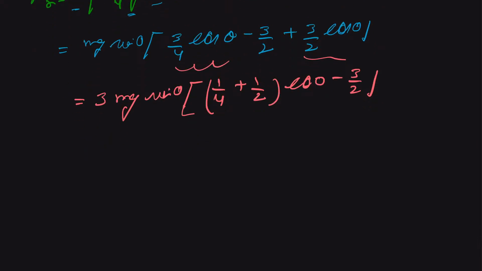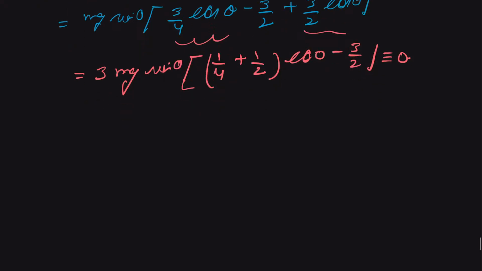Because we are going to equate nx equal to 0, if this term is equal to 0, then obviously 3 mg cannot be equal to 0, so either sine of theta is 0 or this second term is 0. If sine of theta is equal to 0, then theta is equal to 0, which means it is vertical, which is not possible.